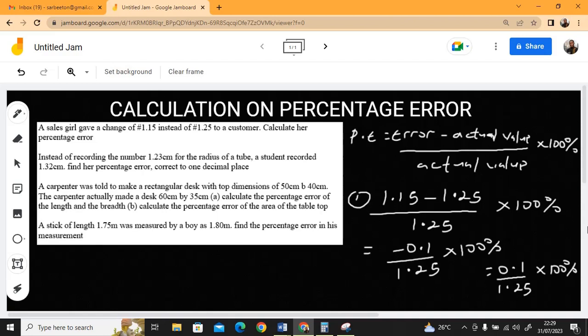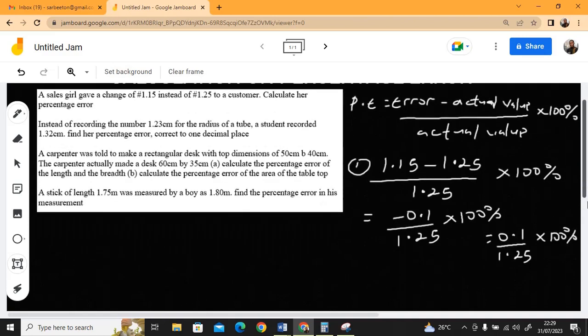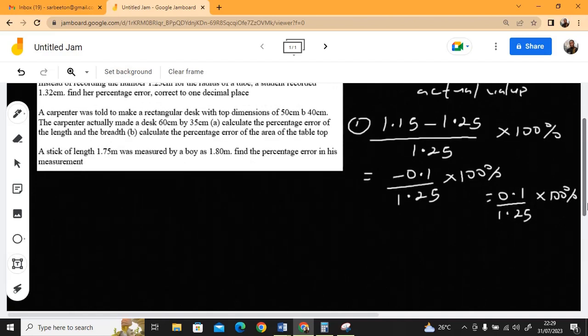So 0.1 divided by 1.25 times 100 is 8%. So the error the girl made is 8%.